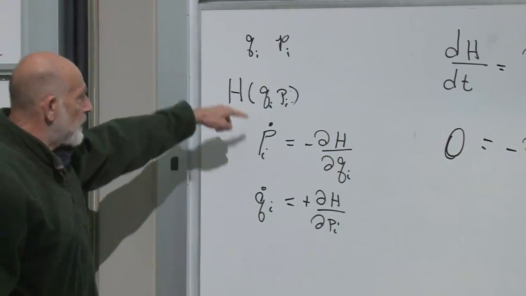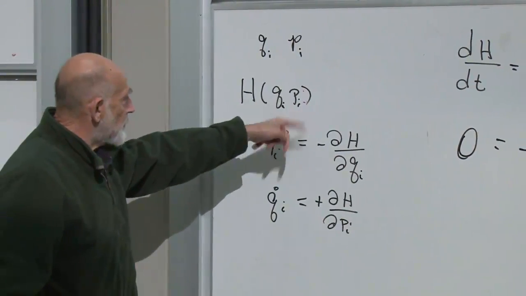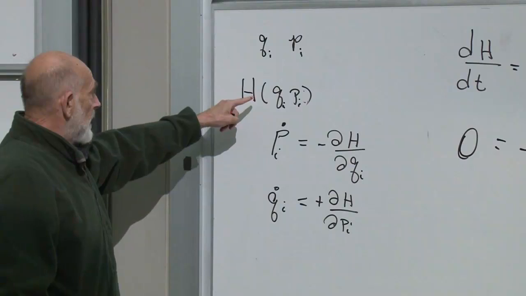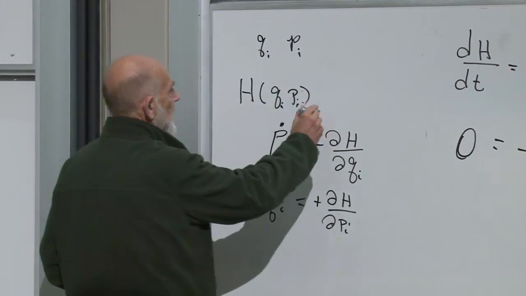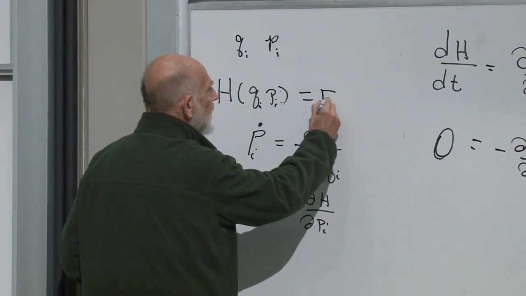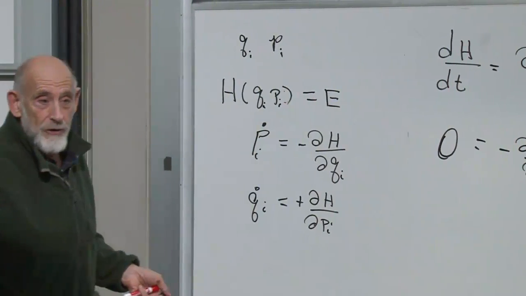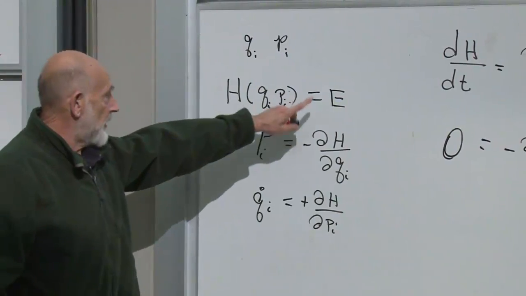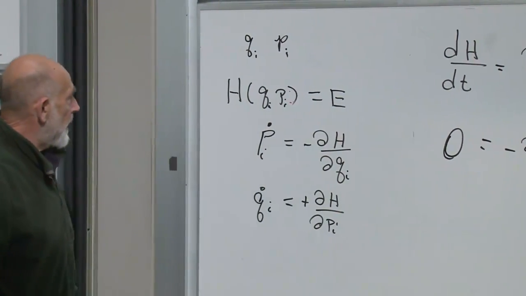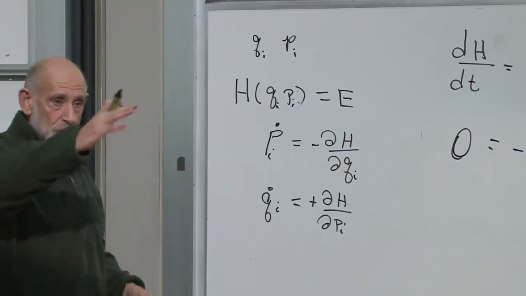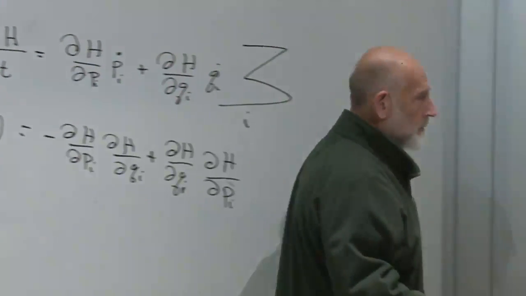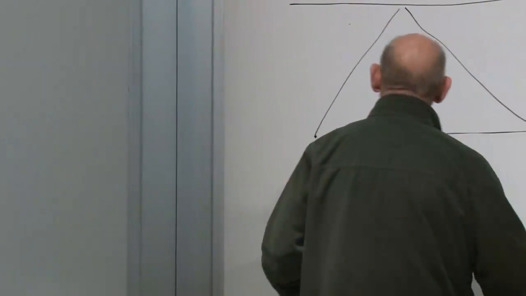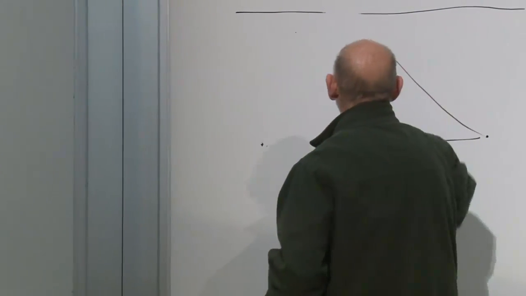If the number of q's is n, then the total number of dimensions in the space is 2n, n q's and n p's. And write down the equation that H is equal to E, where E now is just a number. It happens to be the energy of the system, but let's just think of it as a number. Then the solutions of this equation are just some contours, some surfaces in the phase space. The phase space is the PQ space, and these are surfaces of constant energy.